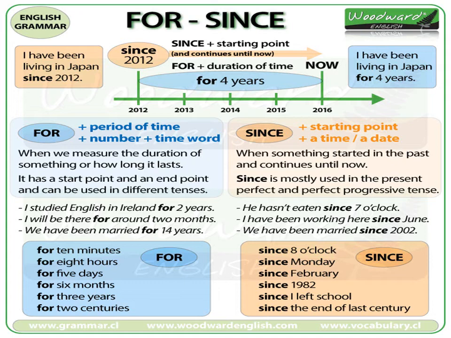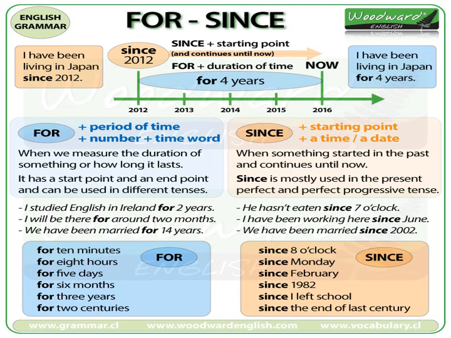This 2012 is the exact starting time of this action. That is why it will take since before it. Whereas we use for when the duration of time is mentioned, when we do not have the exact starting time of the action mentioned. Like, for example, I have been living in Japan for 4 years.